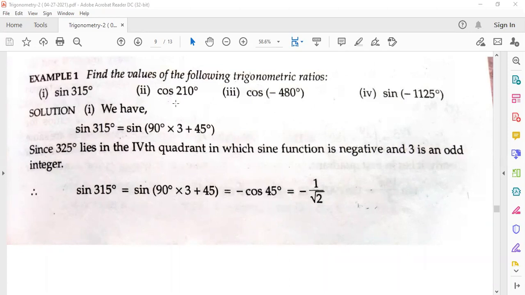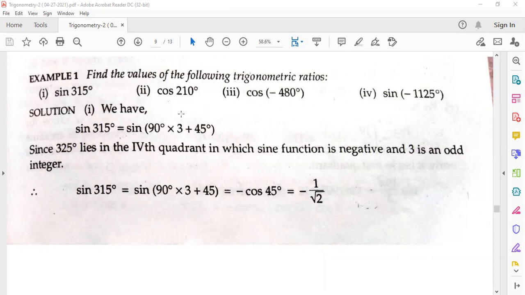Next, cos 210 degrees. That means it lies in the third quadrant. In the third quadrant, cos is negative, so a negative sign will come. This 210 degrees can be written as 90 degrees into 2 plus 30 degrees.